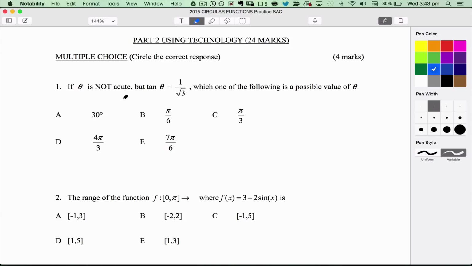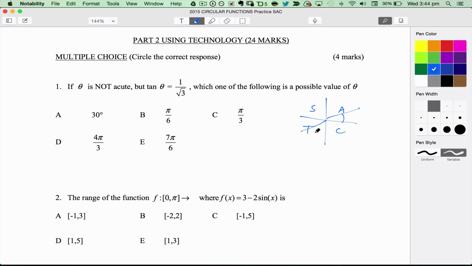Question 1. If theta is not acute but tan theta equals 1 over root 3, which one of the following is a possible value of theta? Drawing our unit circle, tan is positive in here and here. This angle here would be acute, so we can't use this one.